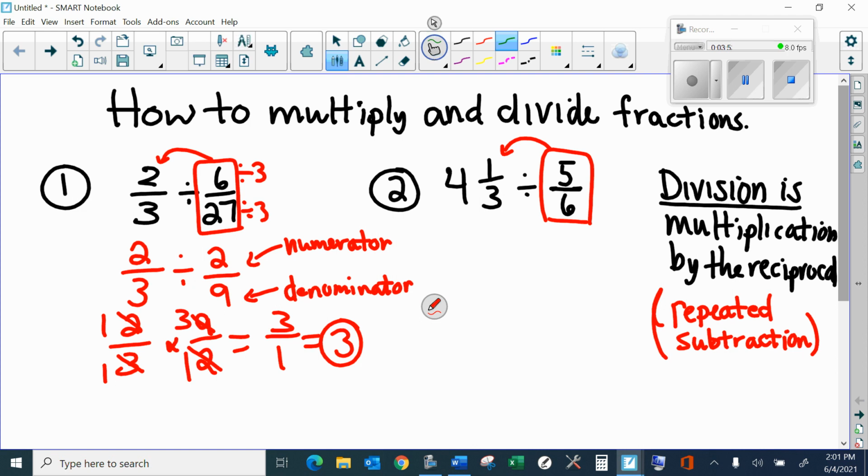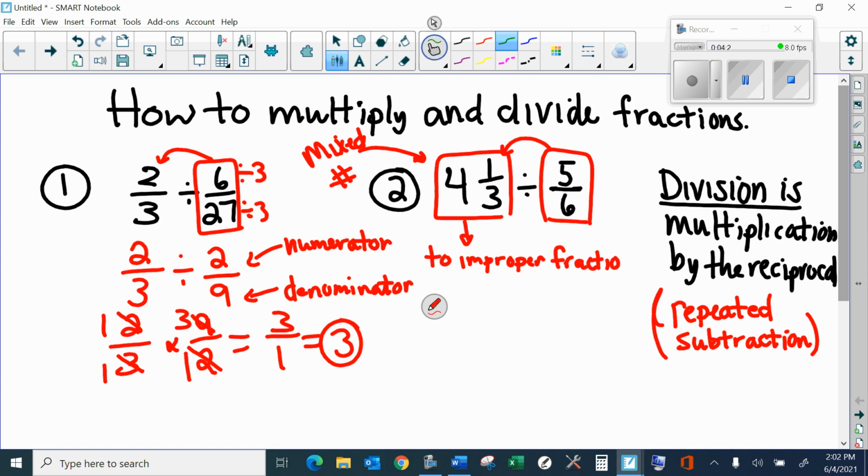All right, now number 2, the first thing I need to do is, anytime I have a mixed number, remember this is called a mixed number when I have a whole number and a fraction, I need to change it to an improper fraction. Mixed number, change to improper fraction. What's an improper fraction?